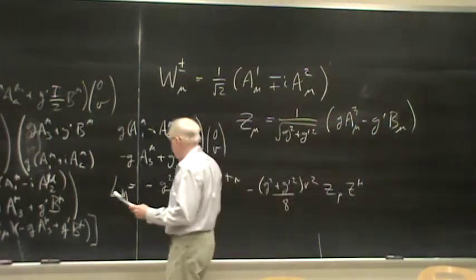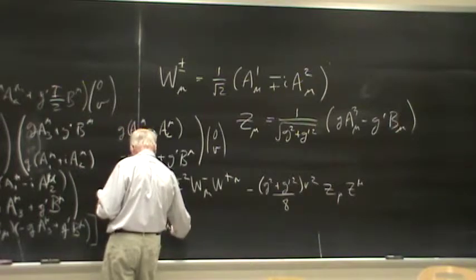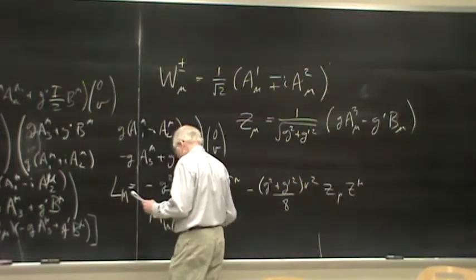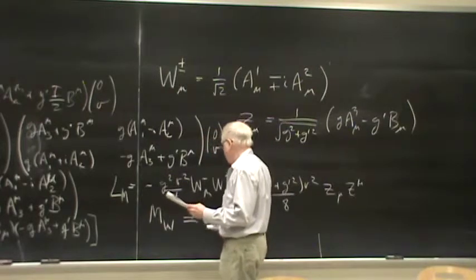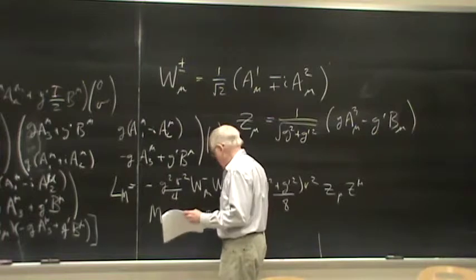And so that means that mW is just simply gv over 2.